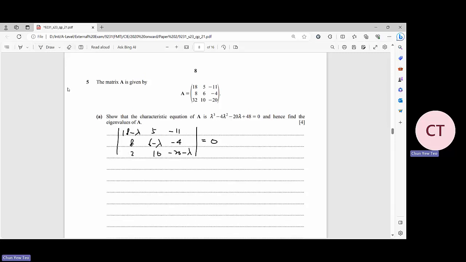Then to find the determinant, we just have to expand it carefully.